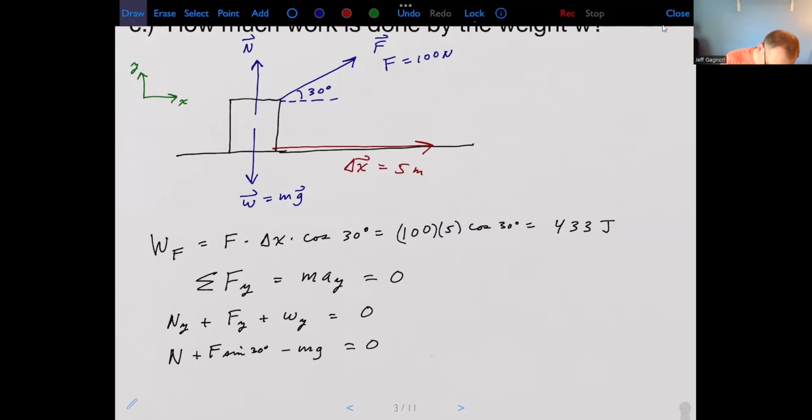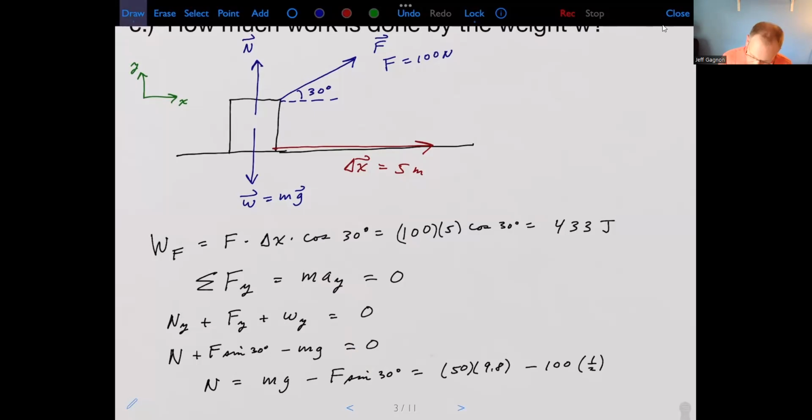So if you solve this for N, I'll bring mg to the other side and subtract F sine 30. So let's see, this will be 50 times 9.8 minus 100 times sine of 30, which is like a half, 0.5.